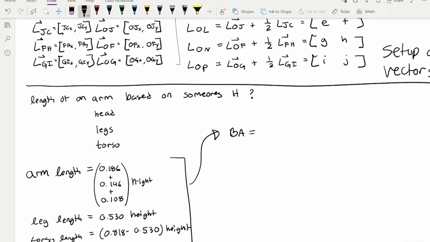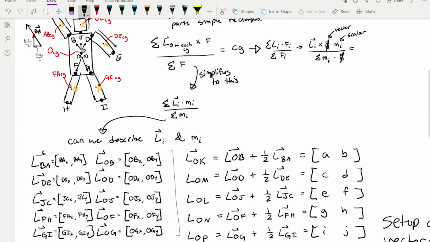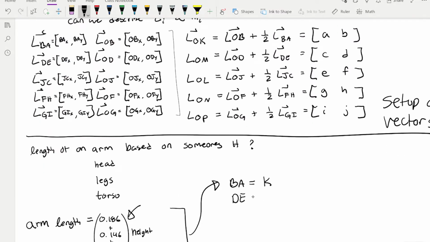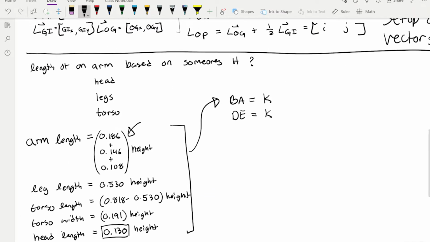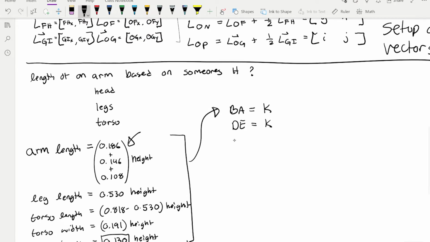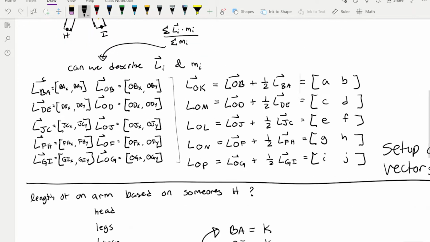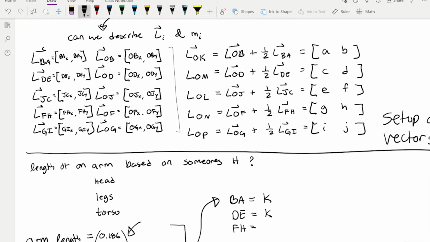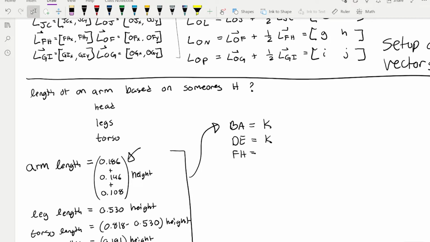All that stuff. Let's call that length K. And what else is described by length K? You got DE. DE is another arm. That's length K. We have torso or leg lengths, so we can say FH is this one, 0.53.